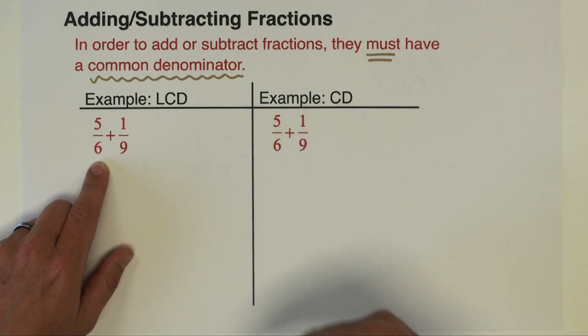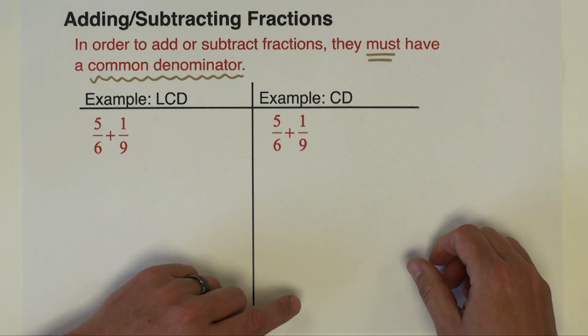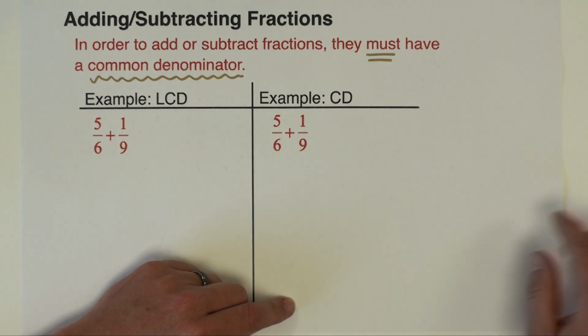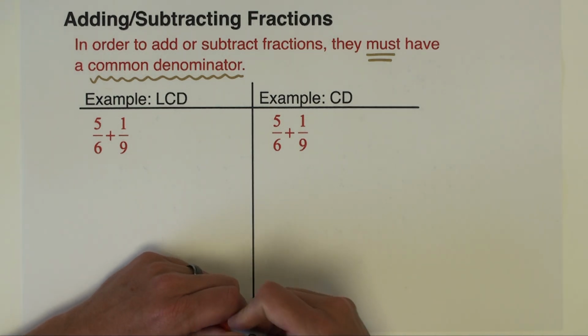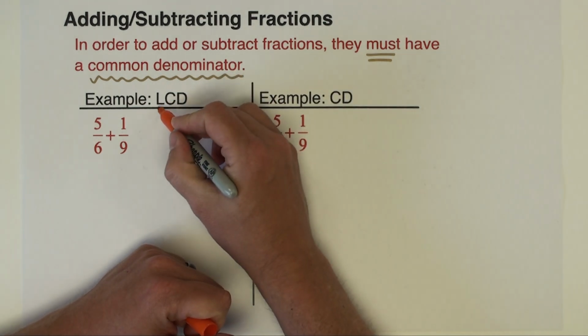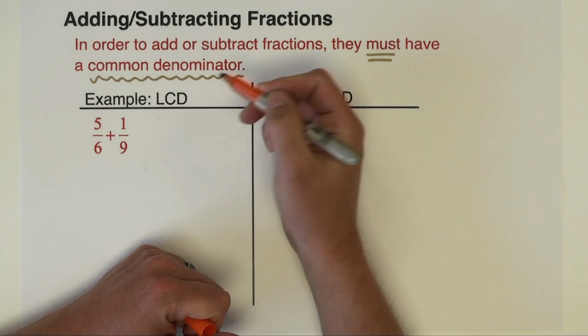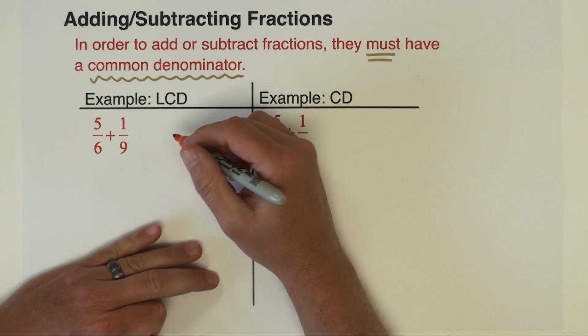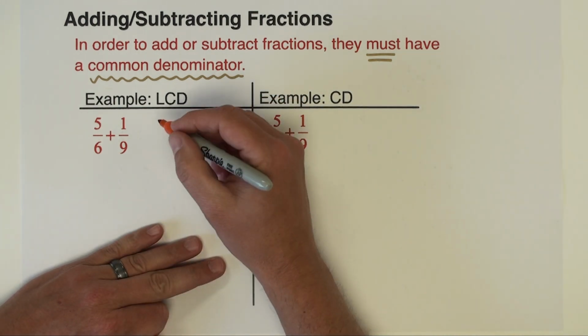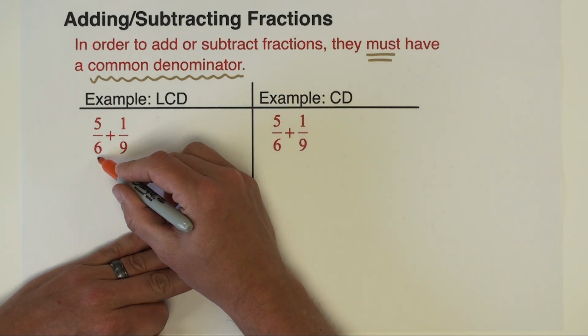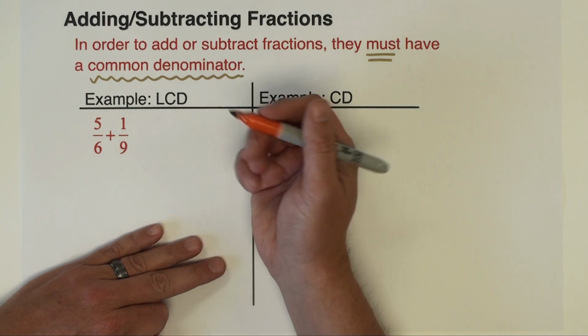So the first thing we have to do is we need to make those denominators the same. And I'm going to show you two different ways to do this as quick as I can in this Math Minute. First way I'm going to show you is with a LCD, which is a least common denominator. And so in order to find the least common denominator, I need to be able to find multiples of the denominators.